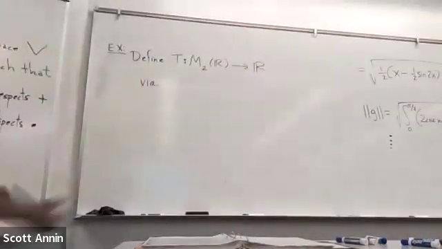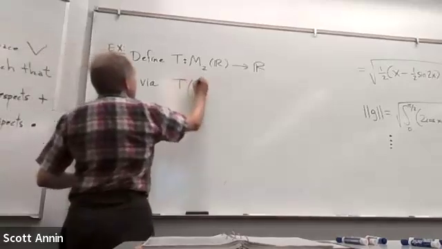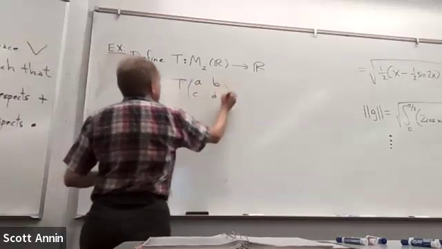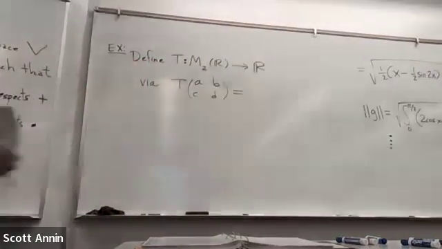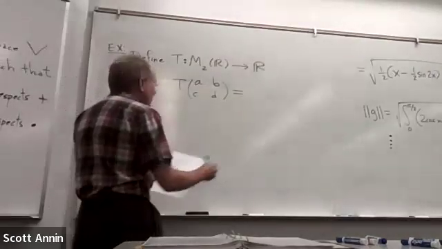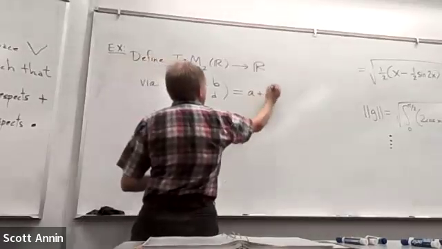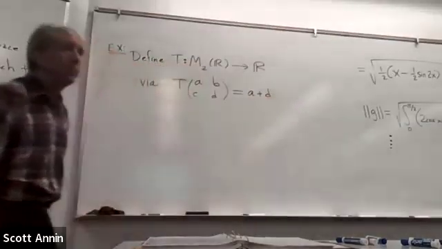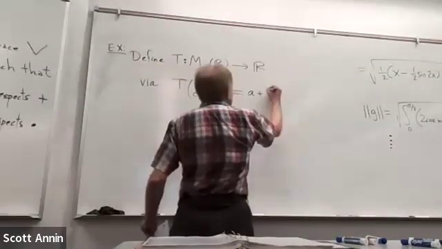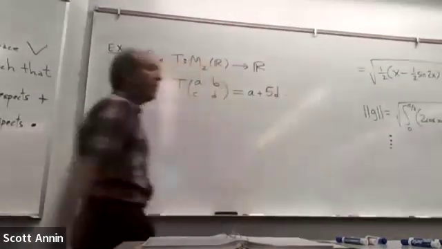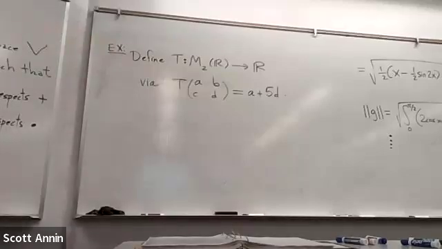So now I have to tell you, well, what is the formula here? T of, what do I do? If I take a 2 by 2 matrix and plug it into T, I'm going to give you a formula. And the formula I'm going to give you here is A plus D. Actually, let's make that A plus 5D. A plus 5D. Right?